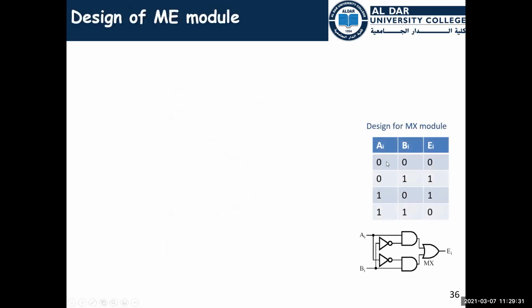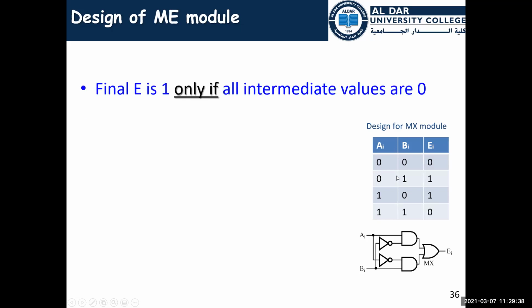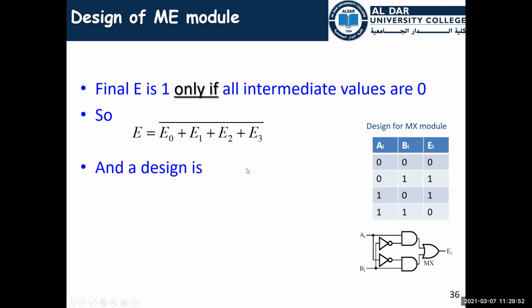The ME is simple. This is MX, sorry. E is only 1 if all intermediate values are 0. It's like E, the complement of all the intermediate variables.